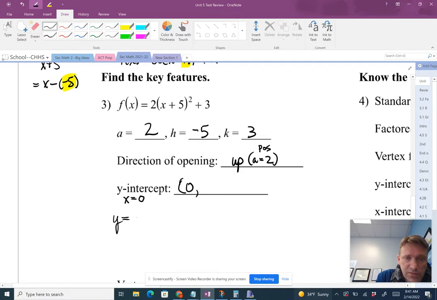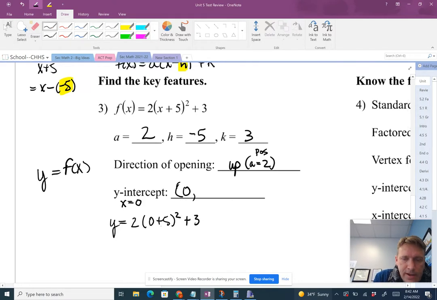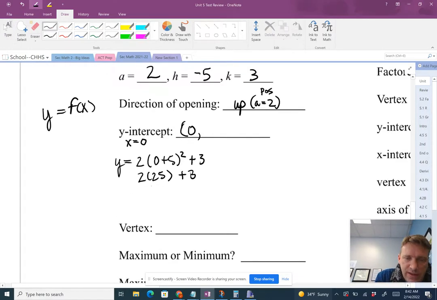So y equals, remember f of x, y is equal to f of x, so they can be used interchangeably. Y equals 2 times 0 plus 5 squared plus 3. 0 plus 5 is 5, and 5 squared is 25, so I have 2 times 25 plus 3. Now 2 times 25 gives me 50 plus 3, and so the y-coordinate is 53.